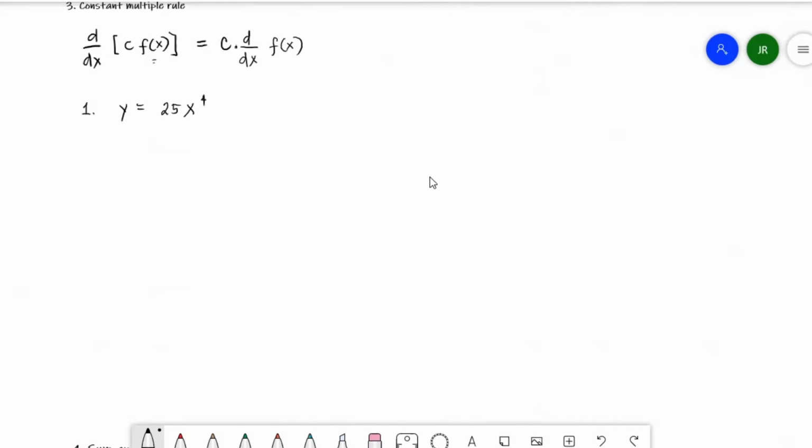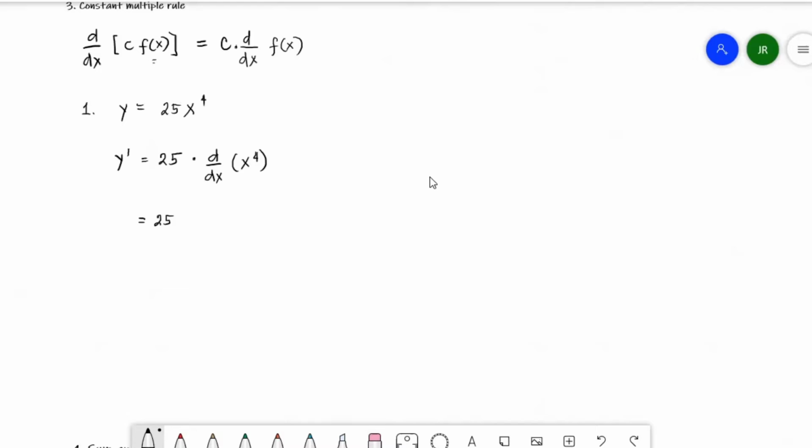So para makuha natin ang derivative, so derivative of y is equal to ilabas si constant 25 and then kunin mo yung derivative, so multiply by the derivative ni x raised to 4 with respect to x. Okay? And then next is equal to copy 25 since hindi mo naman kailangan kunin ang derivative nito. So just copy 25. Then, kunin ang derivative ni x to the fourth power.